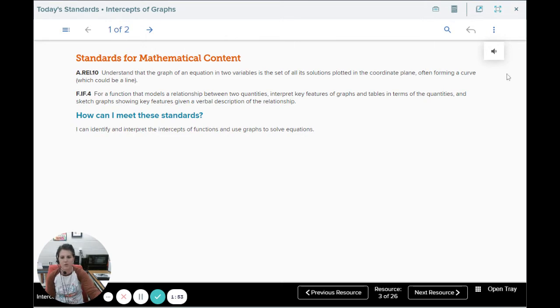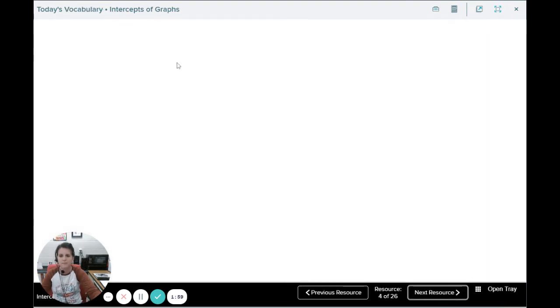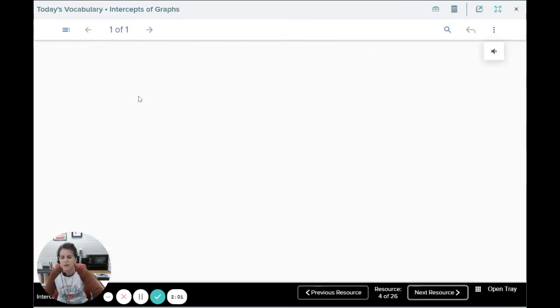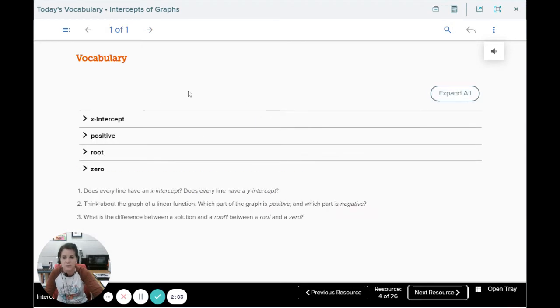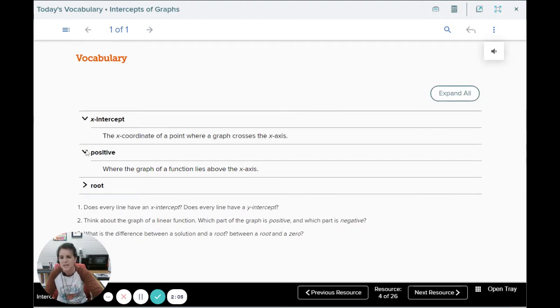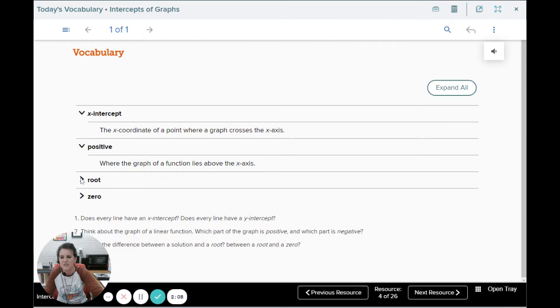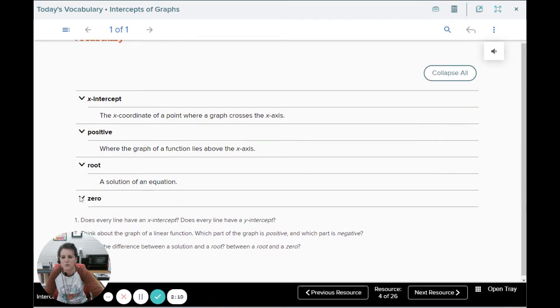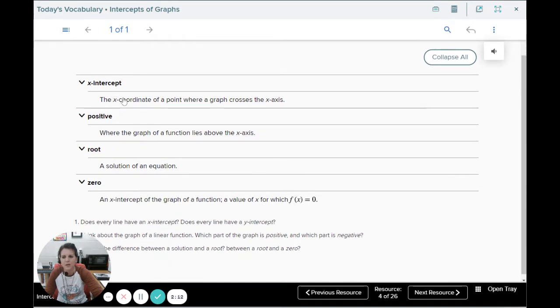So that's just kind of an overview of what we're going to talk about, but it's important for you to look at the vocabulary. In today's vocabulary, we're going to cover x-intercept, of course, y-intercept, if the line is positive, if it is negative, if there's a root, and if there is a zero. And all of these kind of tie in together.